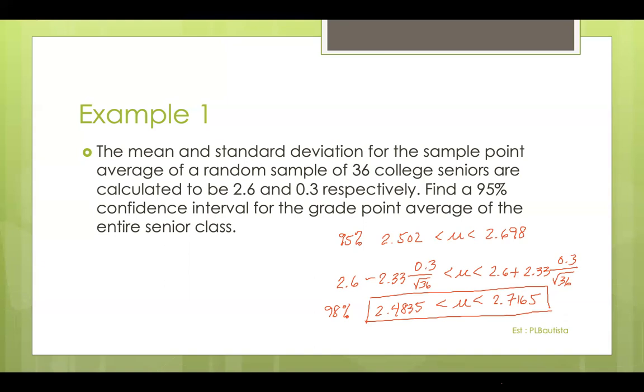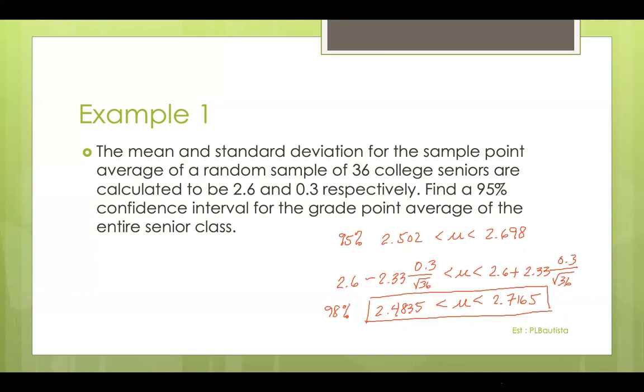For example, for the grade point average, if you think of this as the GPA of DLSU students, then the possible GPAs would just be from 0 up to 4. So if you set up a 100% confidence interval that says 0 up to 4, you are 100% sure that you will get the GPA of the entire senior class.